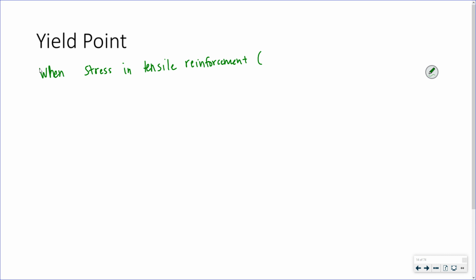It says As. As is equal to the yield strength of the steel.